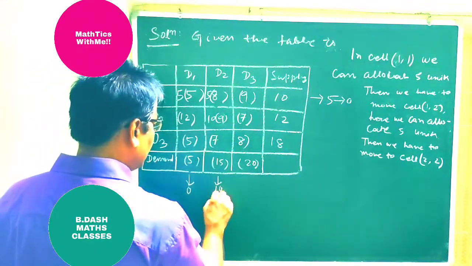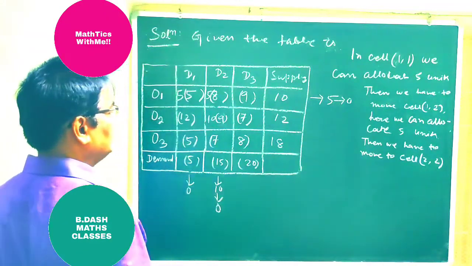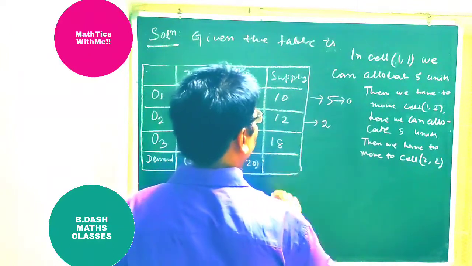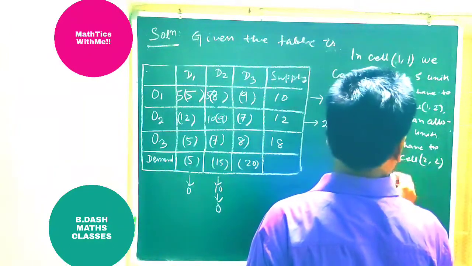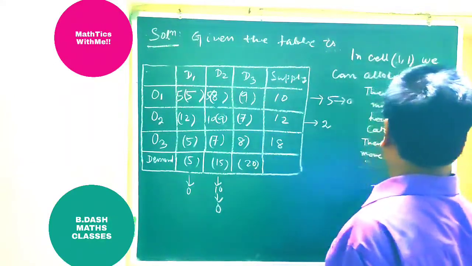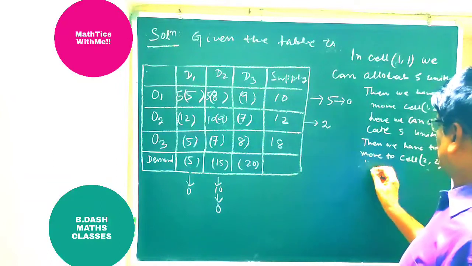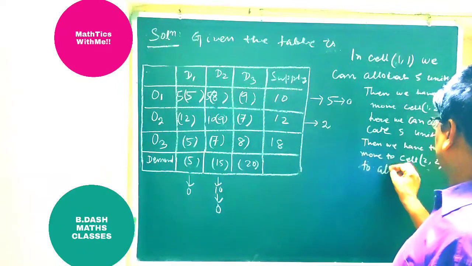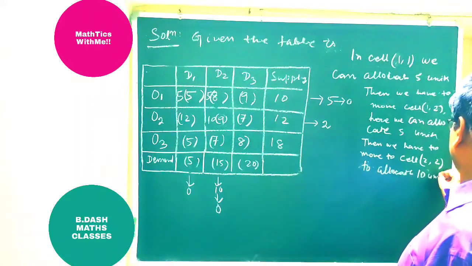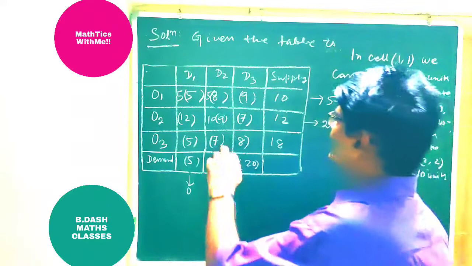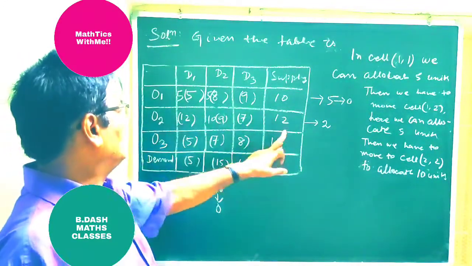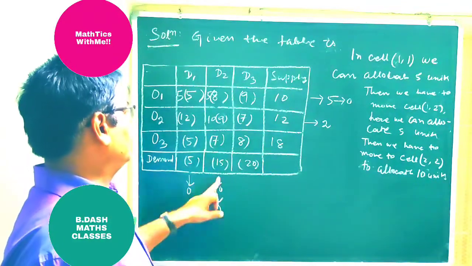After allocating 10, it becomes 0, meaning exhausted, and here we are left with only 2 units. So we allocate 10 units in cell 2 2. After allocating 10 units here, we are left with 2 units and here no units left.